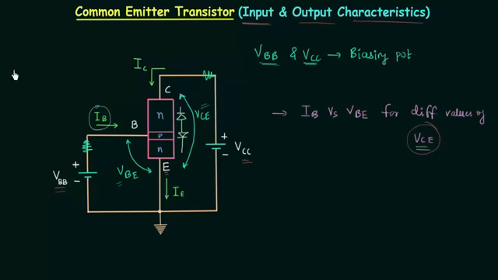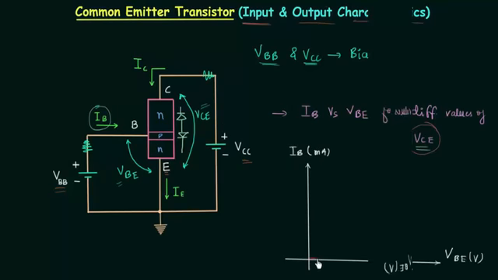I will quickly draw the forward bias characteristics of the PN junction diode. The x-axis is for VBE, this is in volts, and the y-axis is for IB, the input current, this is in milliamps, and you already know how the forward characteristics of the diode looks.